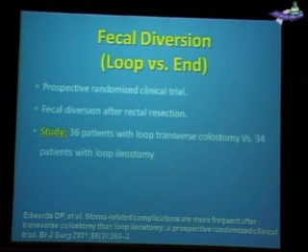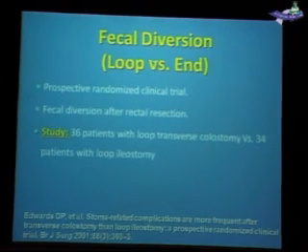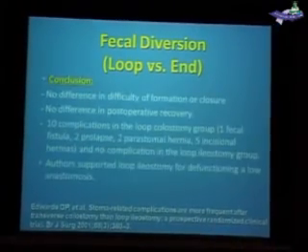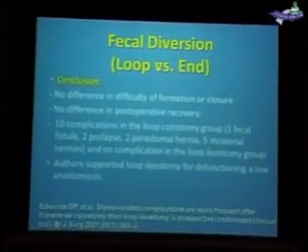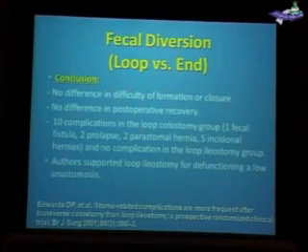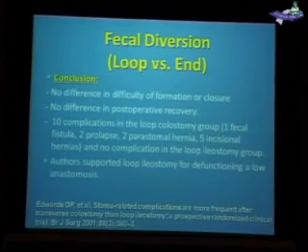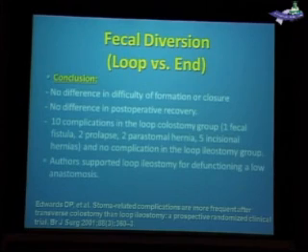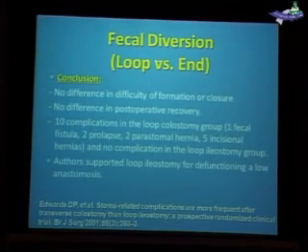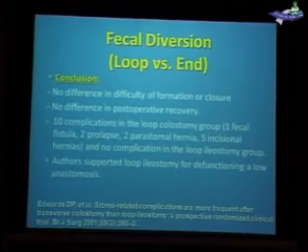That's another study. This is a prospective randomized trial for fecal diversion in rectal cancer patients: 36 patients with loop transverse colostomy versus 34 patients with loop ileostomy. The conclusion was that there was no difference in difficulty of formation or closure, and no difference in postoperative recovery. But what I mean by no difference is, again, no statistically significant difference, though they found 10 complications in the loop colostomy group.